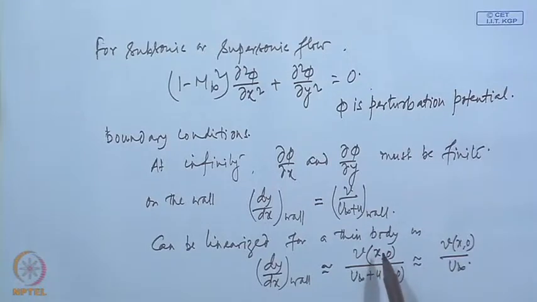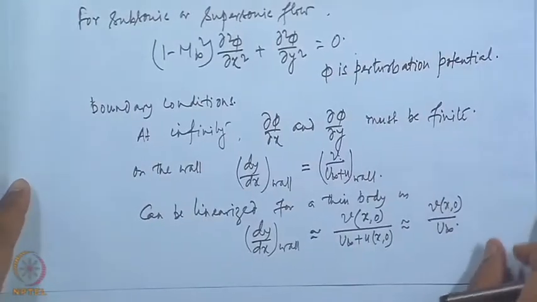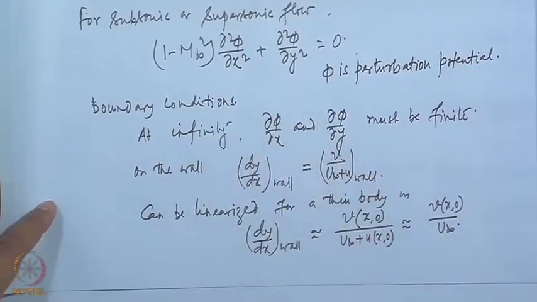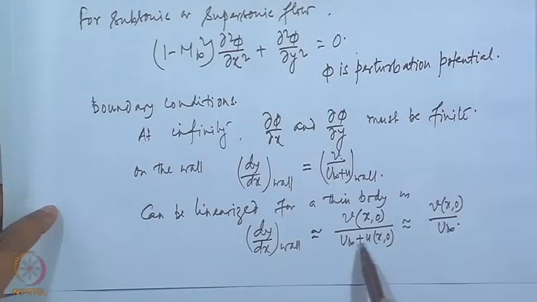where we have made this assumption that since the body is very thin, the velocity components on the wall are the same as the velocity components at y equal to 0. For a very thin body, this approximation is first order accurate and consistent with our first order perturbation theory. And then we have made a further assumption, again consistent with the small perturbation theory, that u is much smaller compared to u infinity and hence their sum is close to u infinity.